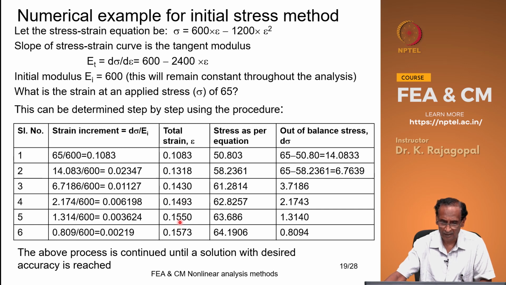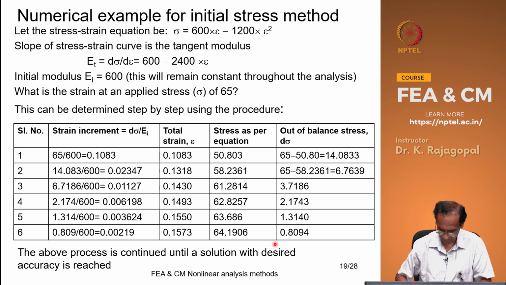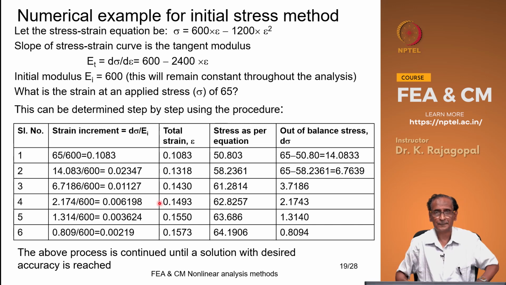Okay. And we continue until we reach some convergence. Like let us say we want the out of balance force to be within about 0.5% accuracy or 1% accuracy, and so on.